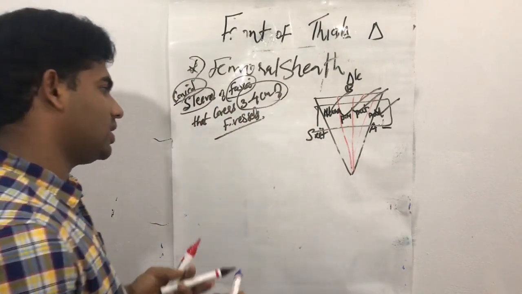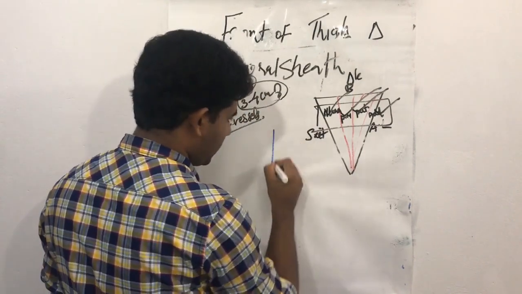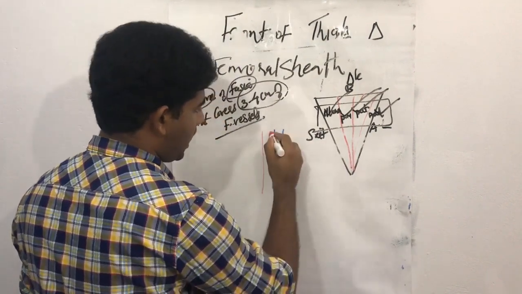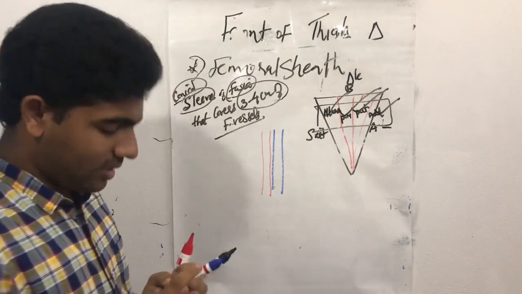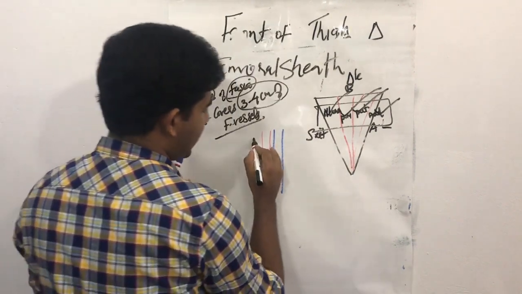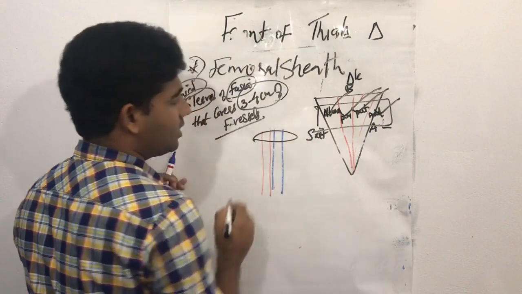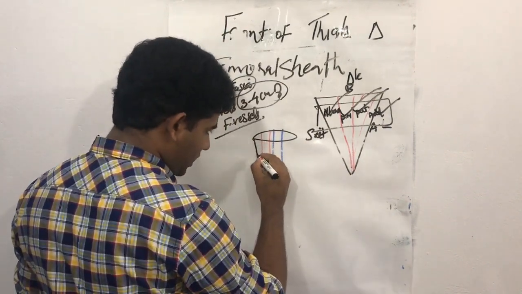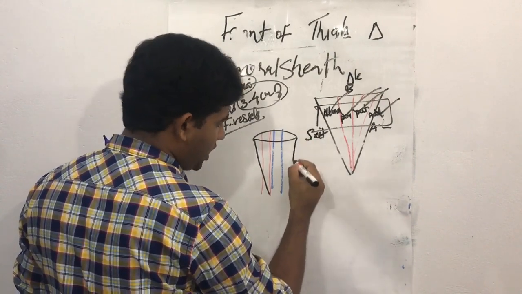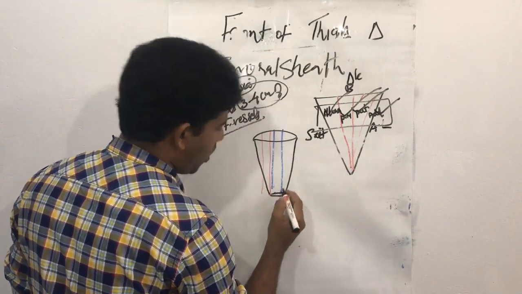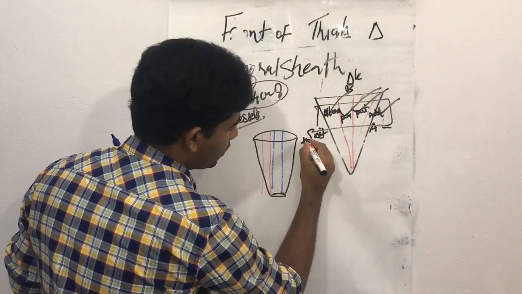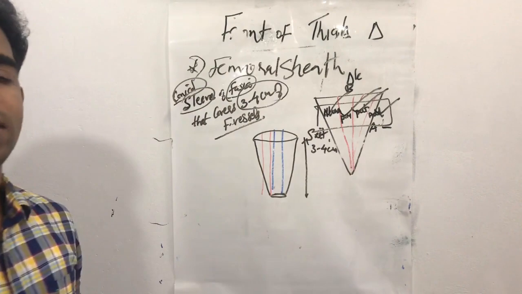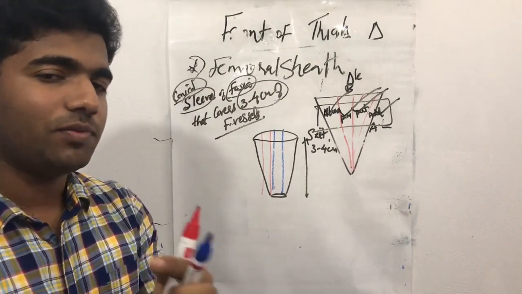So what are the femoral vessels? We studied here itself. Femoral vein, here you have the femoral artery. So this is a conical shaped covering of the fascia that covers the 3 to 4 centimeter of the femoral artery and vein, that is the femoral vessels.